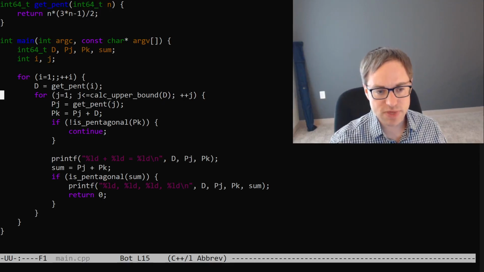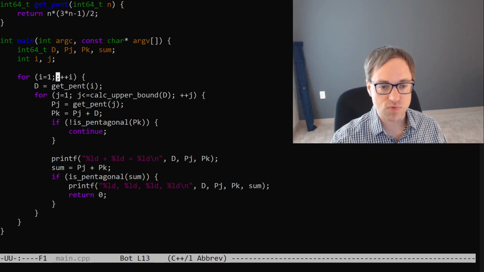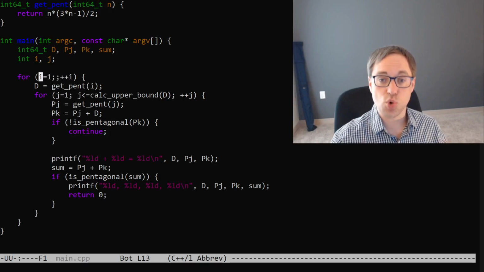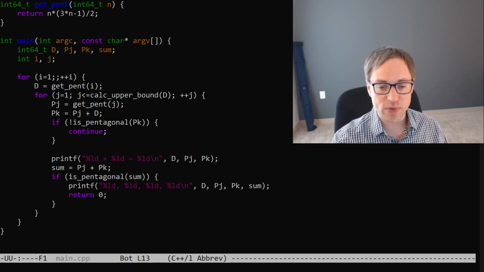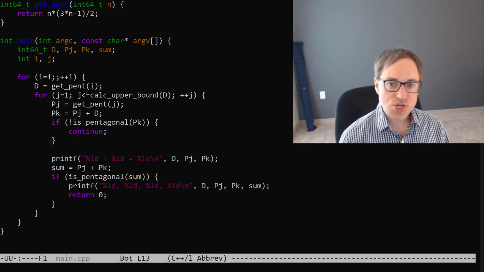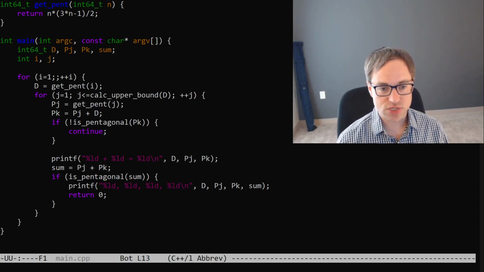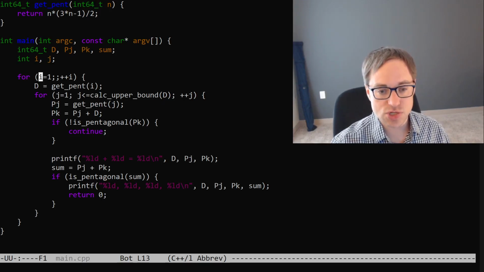It also appears to be what we would call an order n squared algorithm, which just means that the running time is roughly proportional to the square of the maximum value of i. And we normally like to avoid n squared algorithms, but again, not too uncommon for Project Euler problems. So where does this algorithm get into trouble?